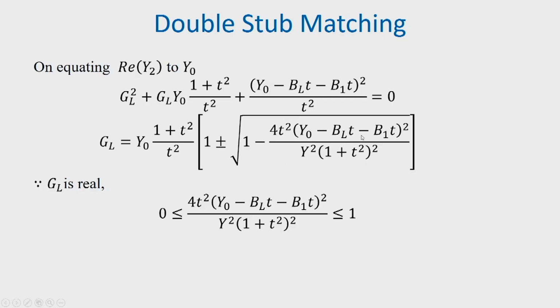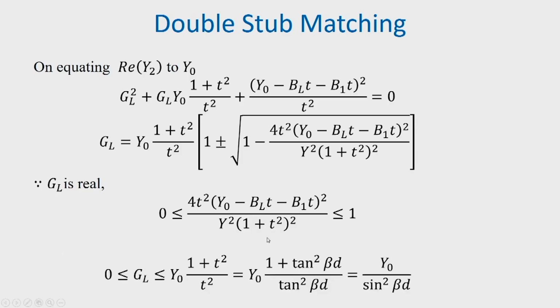So, this term, 4 t square (Y naught minus BL t minus B1 t) square divided by Y naught square into (1 plus t square) whole square, is greater than 0 and less than 1, and this will only give us a real solution for GL.